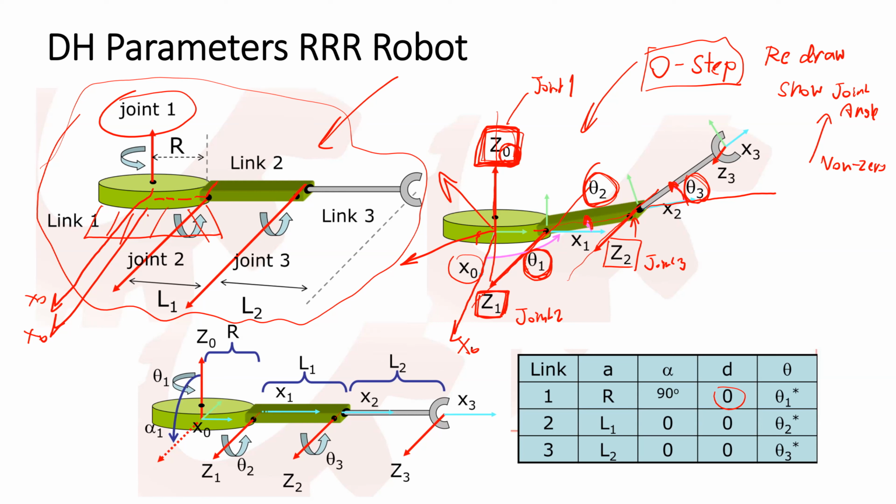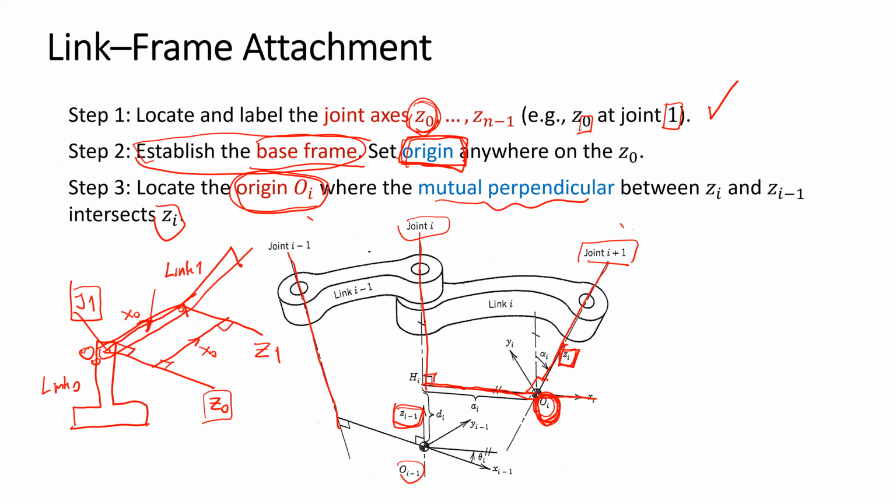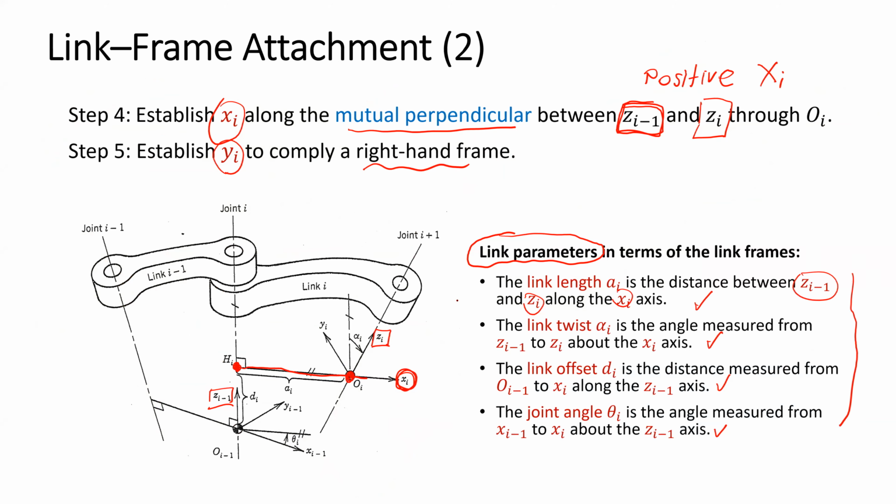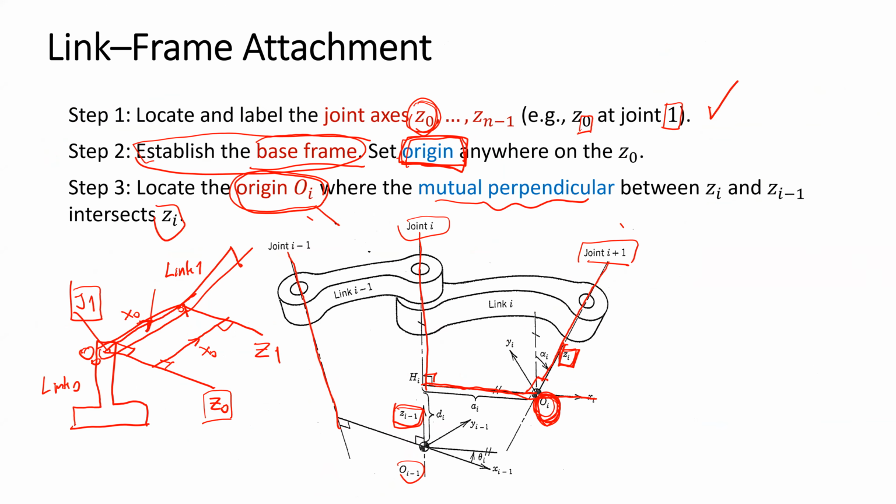And if the robot rotates clockwise with theta 1, it will change the direction from X0 to the X1 direction. Here is how we can select O0 and X0. The origin is at this point, and X0 points in this direction.